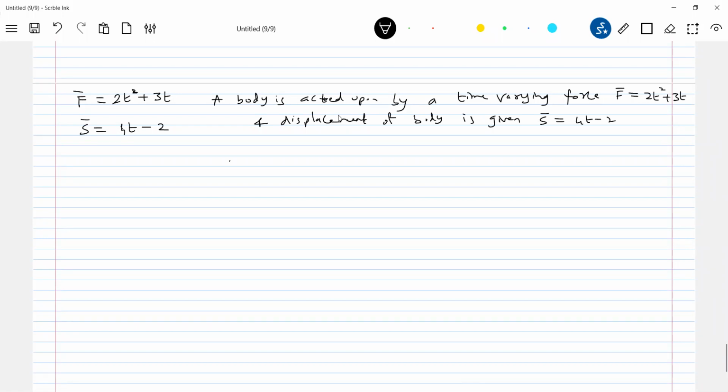So what is the basic definition? dW is equal to the integral of F bar dot ds bar, no? This is the definition. So now what is ds bar? ds bar should be equal to 4 dt. So this I'm going to substitute here.